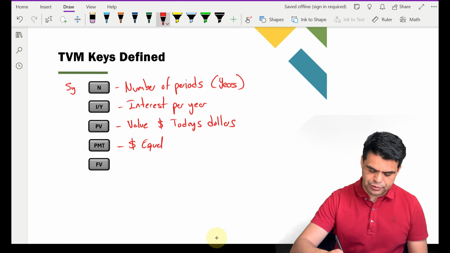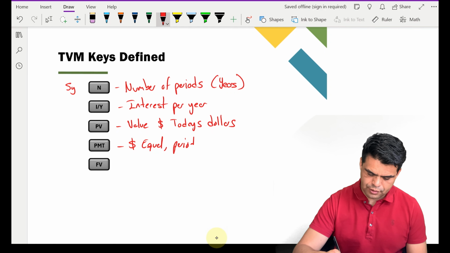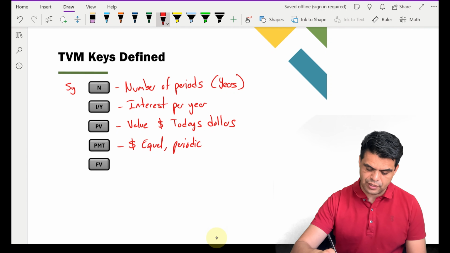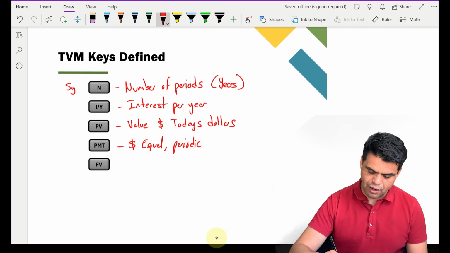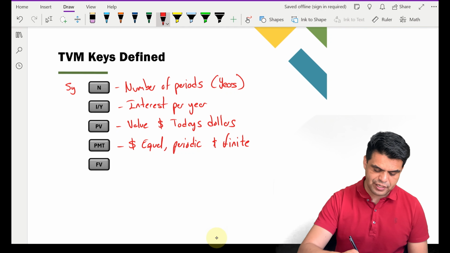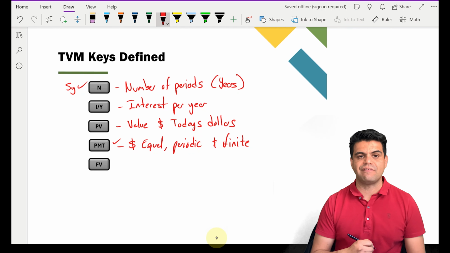So they're equal. They are periodic, meaning they are going to be for that 5-year term in our example, and they are finite, meaning that it ends. Just like we've defined it as 5 years here, that means that our payments are going to end after 5 years.